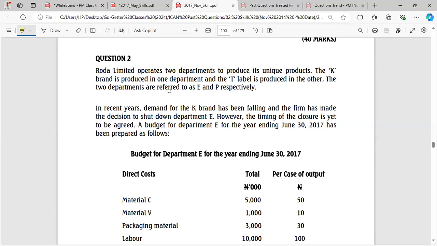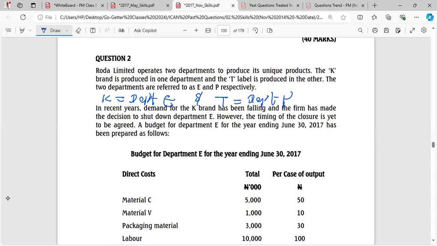The 2 departments are referred to as E and P. So what it means here is, say K is in department E and T is in department P.